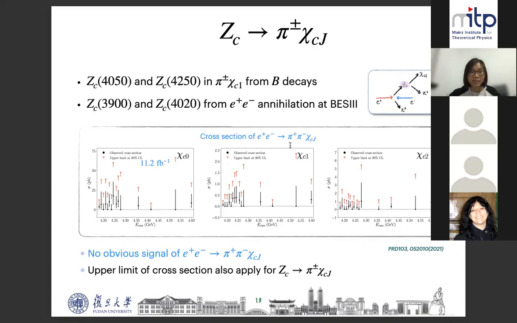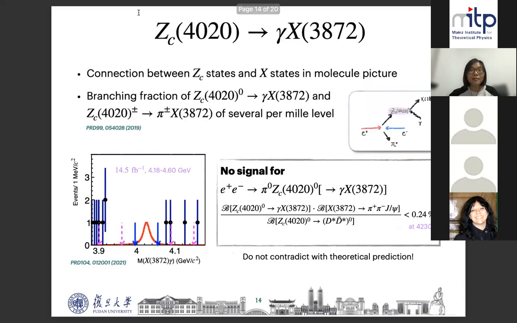And then the last decay of the Zc was studied in the radiative decay to gamma X 3872, which was predicted to be at the several per mille level, and it would build connections between Zc and the X state in the molecular picture. The study has been performed in the final state where the Zc 4020 is accompanied with a pi0 and then decays to gamma X 3872.